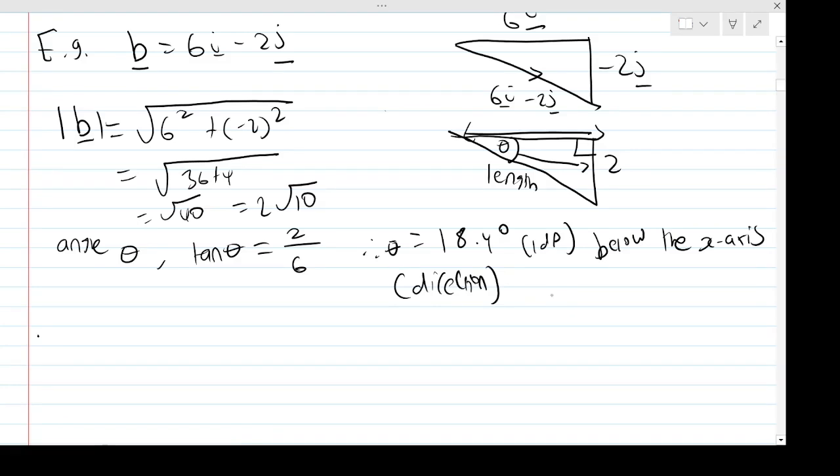Okay, so lastly, before we jump into some examples, we need to look at something called a unit vector. A unit vector is what we denote by the vector A with a funny little hat, okay? We call it A hat, right? And what this is saying is a unit vector of a vector A is going to be the vector A, but we're going to divide it by its length, so it's going to be A over the modulus of A, okay?